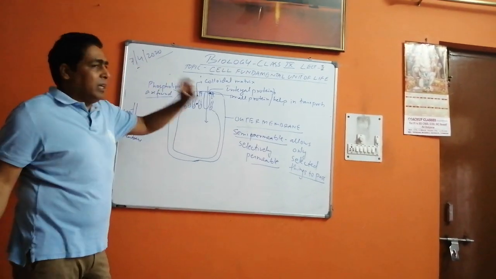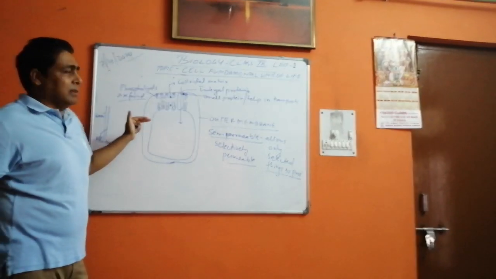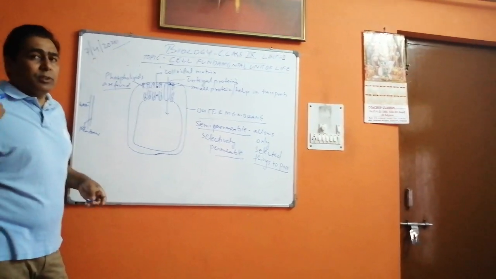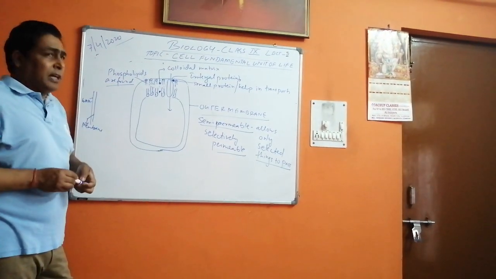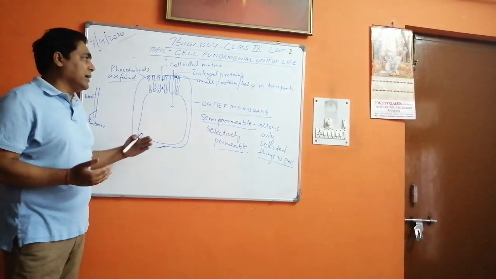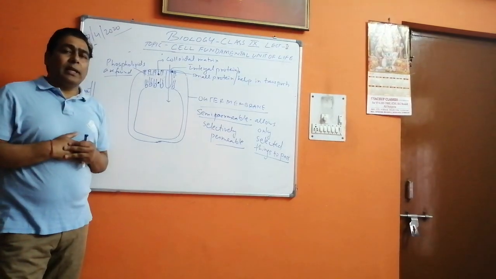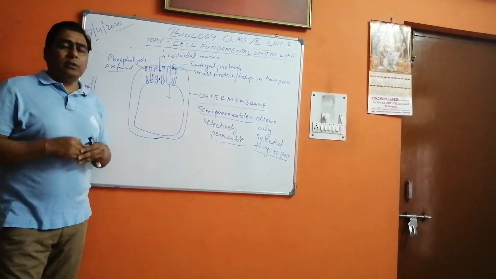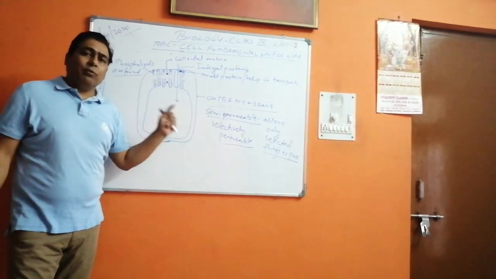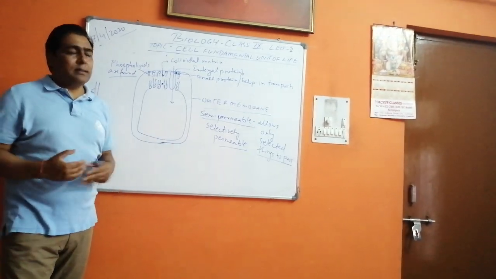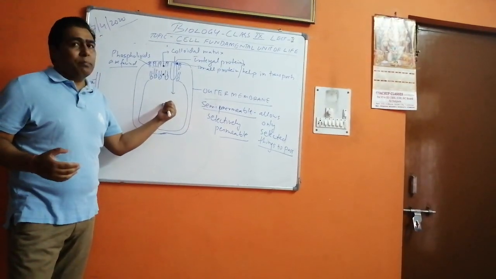The membrane only allows certain particles to pass through and does not allow toxins to pass through. So now we have discussed three important organelles of the cell. One was the mitochondria, second was the chloroplast, and third is your cell membrane.